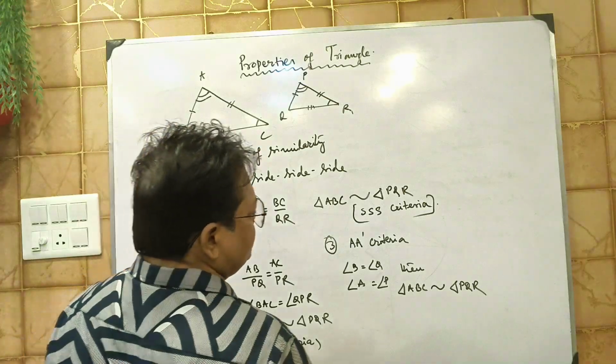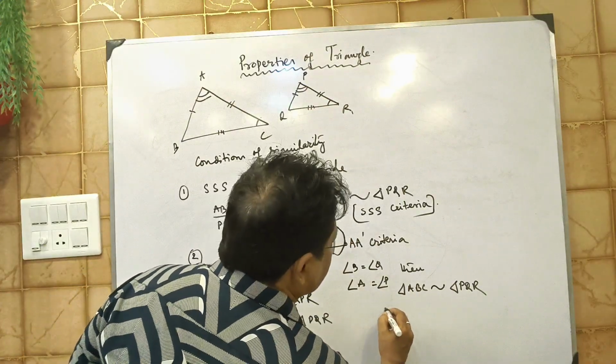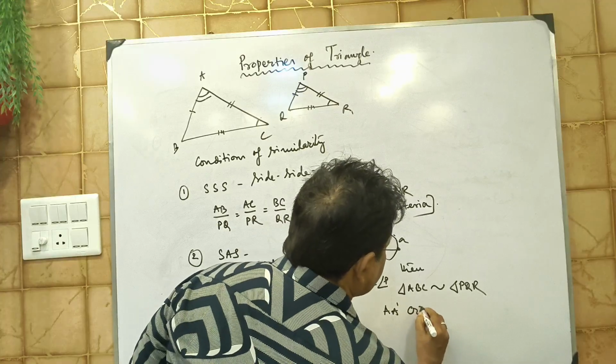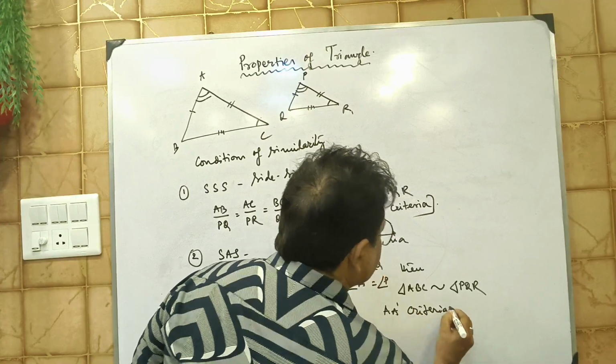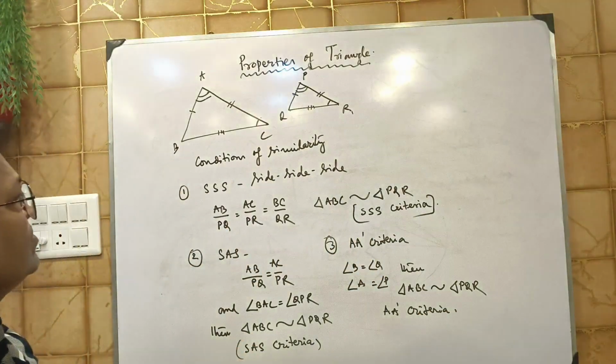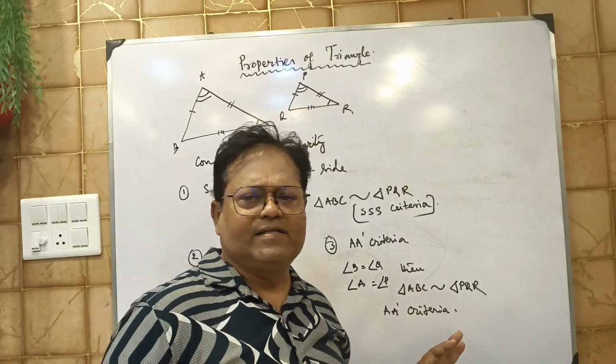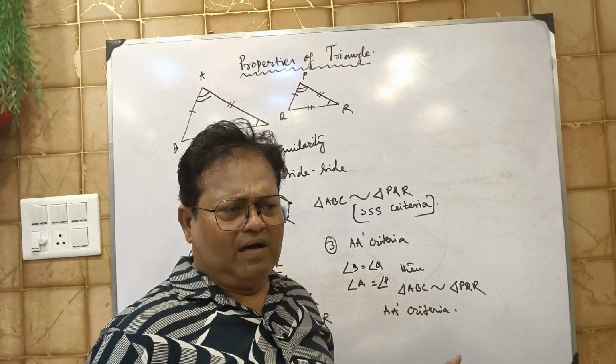So here angle criteria. These are the three rules regarding only the similarity of two triangles, not more than that.